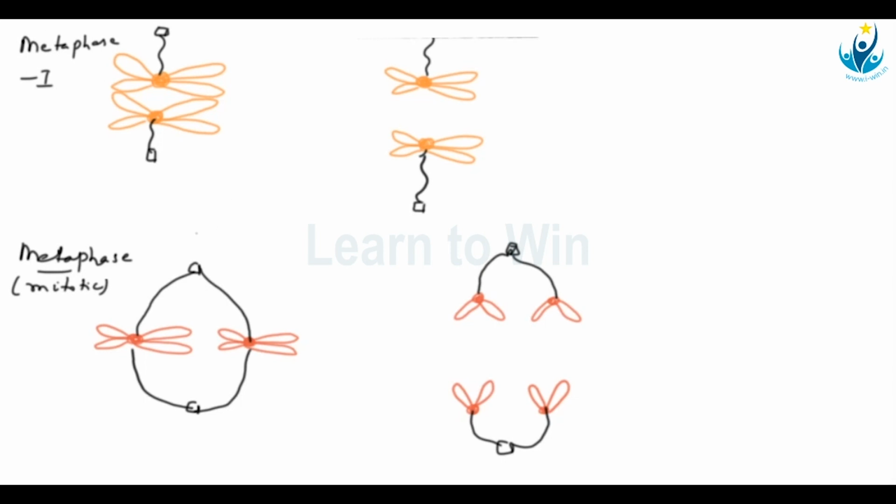I've told you that something unique happens in anaphase 1 of meiosis. To explain that, I am going to draw this. So this will be anaphase 1 and this will be anaphase of mitosis. What is that unique thing?